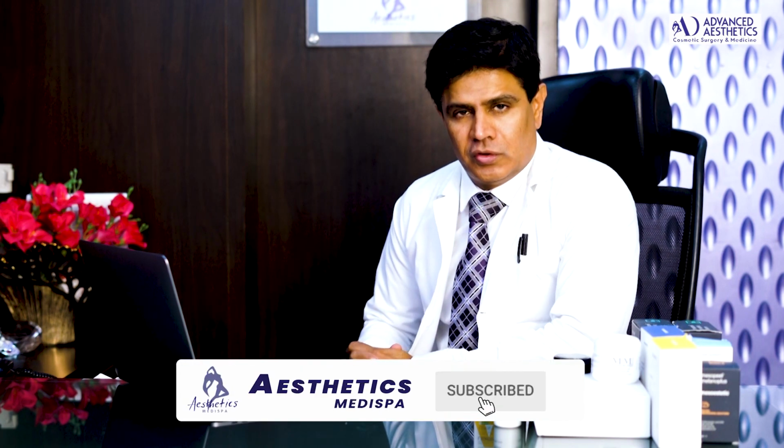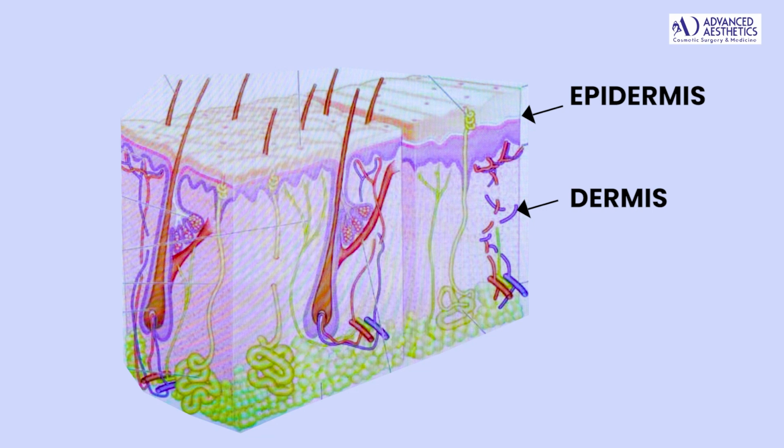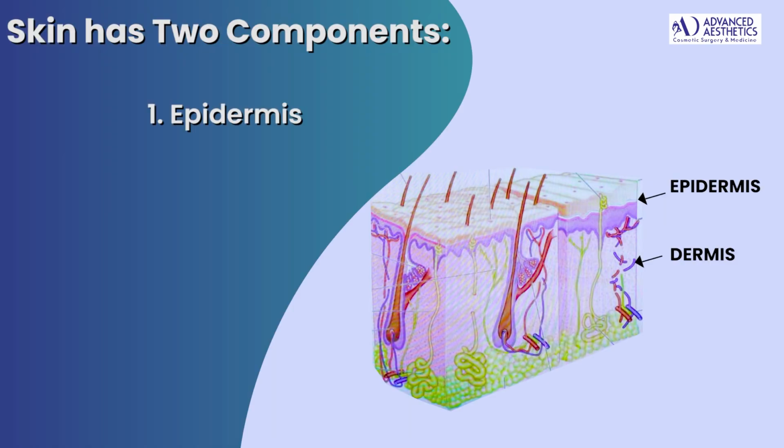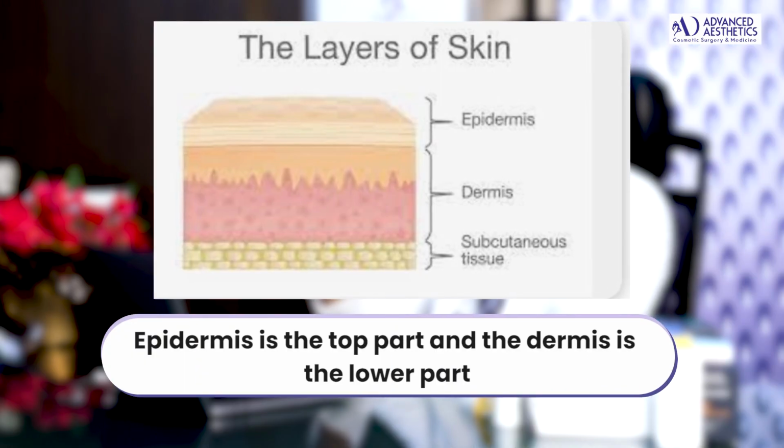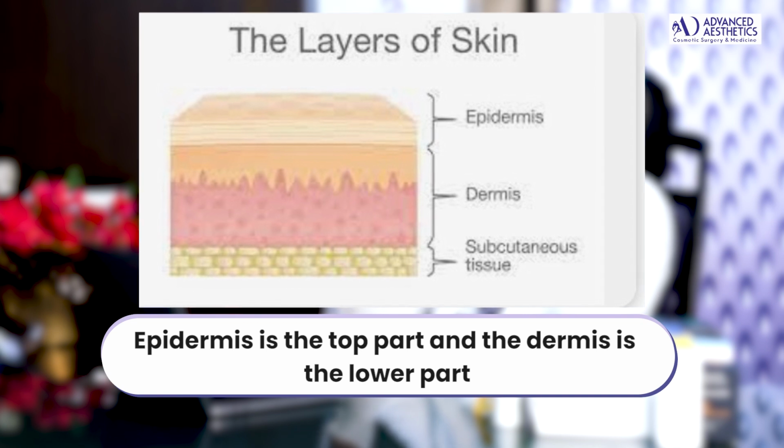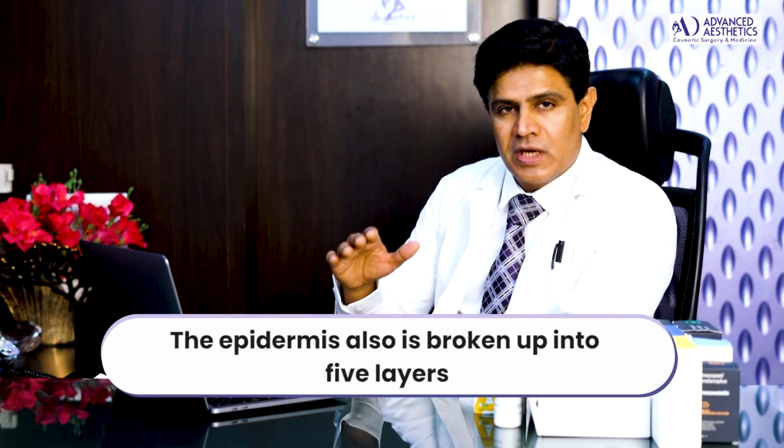As you all know, if we look at this screen here, skin has two components, epidermis and the dermis. These two together make the skin. The epidermis is the top part and the dermis is the lower part. If we look at the histology, the epidermis is also broken up into 5 layers.